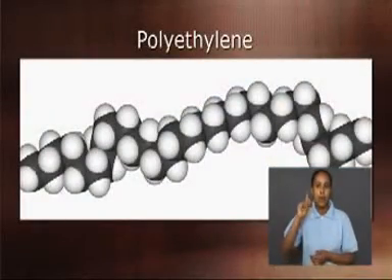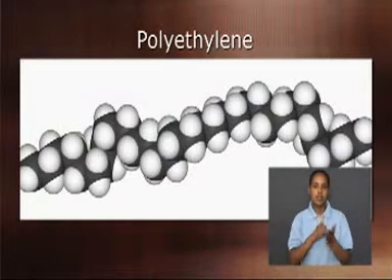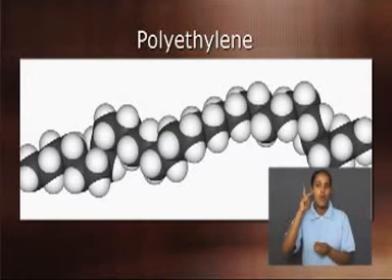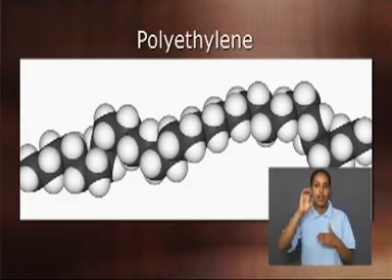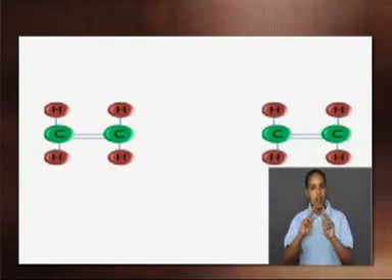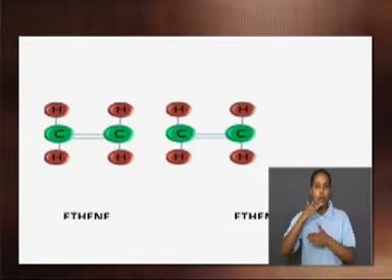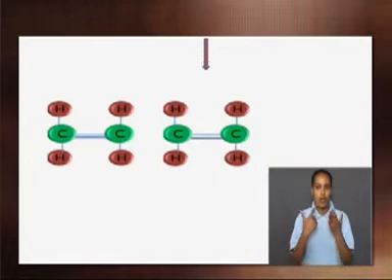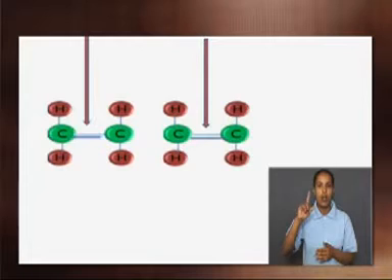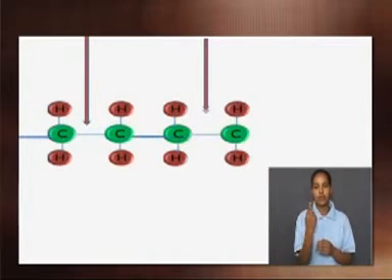Polyethylene is an addition polymer. It is so named because it is made by the addition polymerization of ethylene. A very large number of ethylene molecules are polymerized into a new form like this. The result is polyethylene, which is a durable, versatile, and useful material.